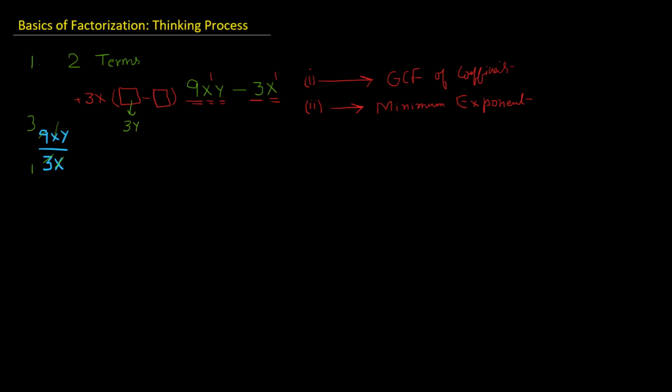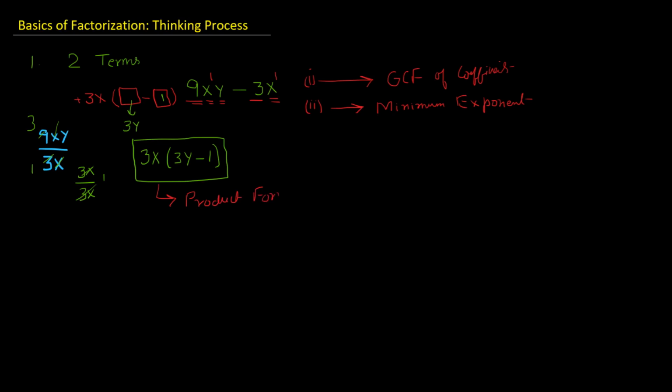And the second term, 3x: when you divide 3x by 3x, because 3x is the term and 3x is the common, it cancels out and we get 1. So this term will be 1. So what will be the answer? Take 3x common and 3y minus 1 will be the factorized form of this original expression, because now this expression is in what is called a product form, because two terms are being multiplied.